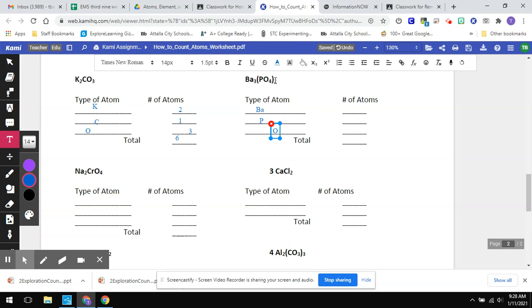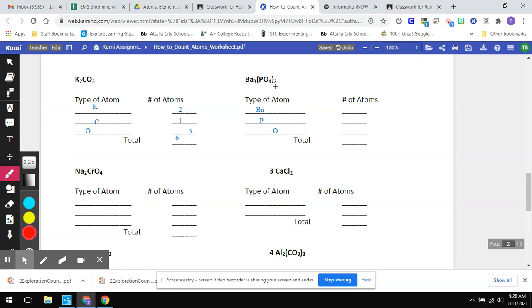So remember, for these, you will go exterior subscript times interior subscript. And if you want to write those on top of that, you could. So for example, you would go 2 times 1 for the phosphorus, and that would mean you would have 2 of those right there. And then the oxygen would be 2 times 4, which would be 8.